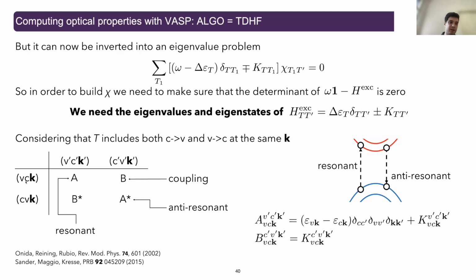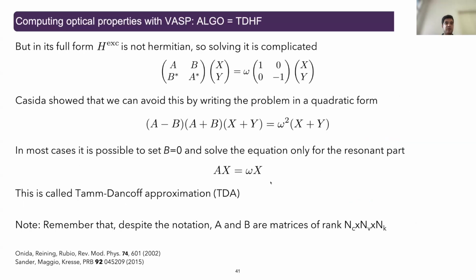And if one is valence to conduction and the other conduction to valence, you deal with the coupling, and vice versa, with the coupling blocks and the resonant and anti-resonant blocks being given by these expressions. So with the Hamiltonian now divided into blocks, we can write the eigenvalue equation in this way, which comes from the fact that H is in fact not Hermitian, and so you have a generalized eigenvalue problem.